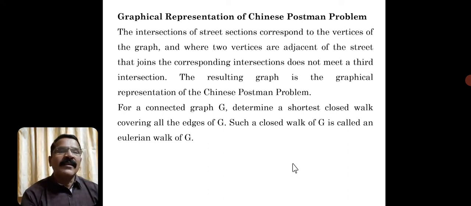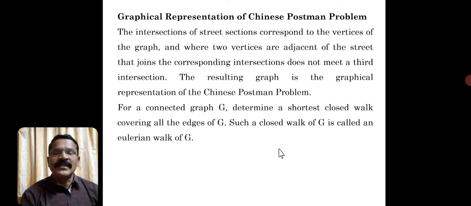For a connected graph G, determine a shortest closed walk covering all the edges of G. Such a closed walk of G is called an Eulerian walk of G.